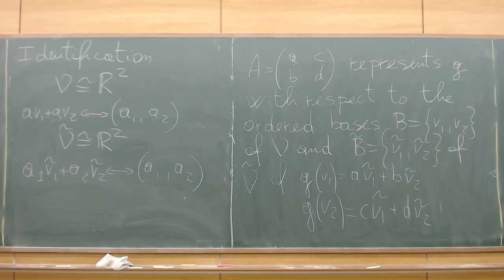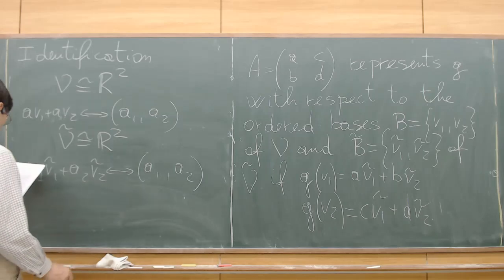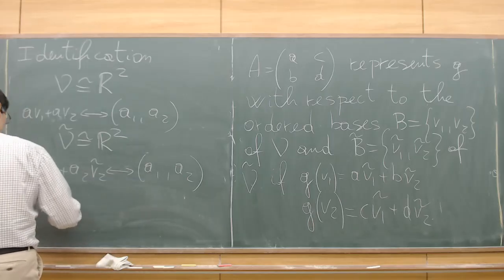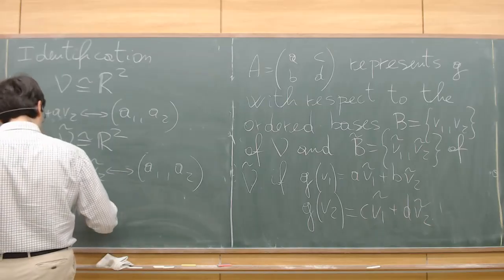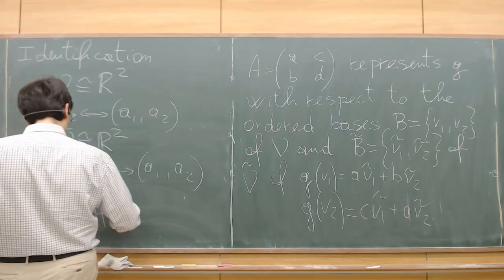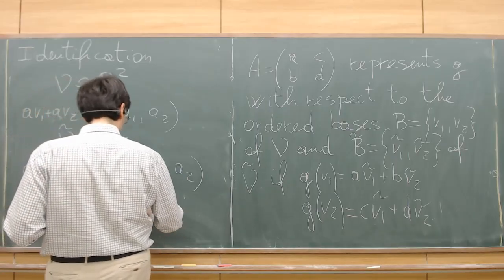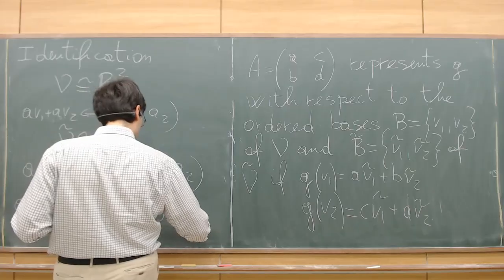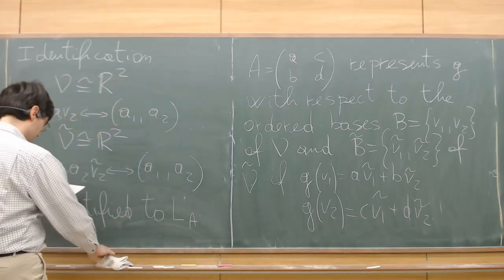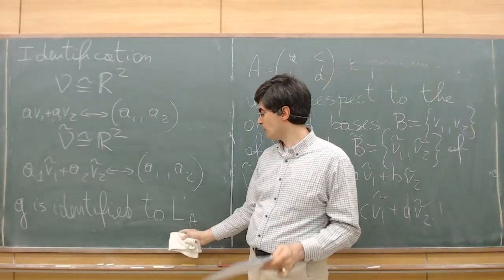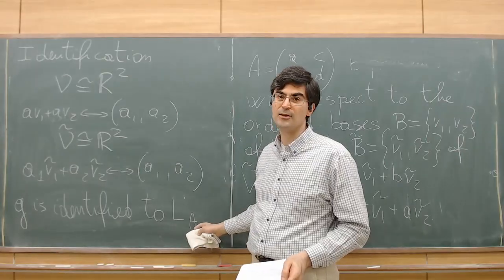So in other terms, the map G is identified with the linear transformation LA. This is the notation we already used when we studied rigid motions.